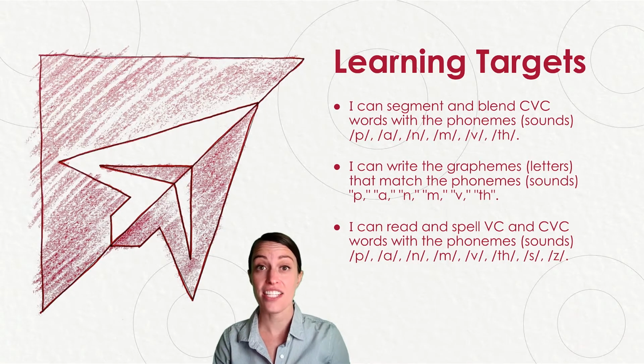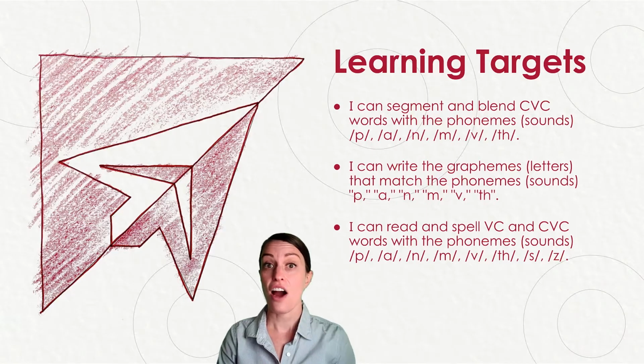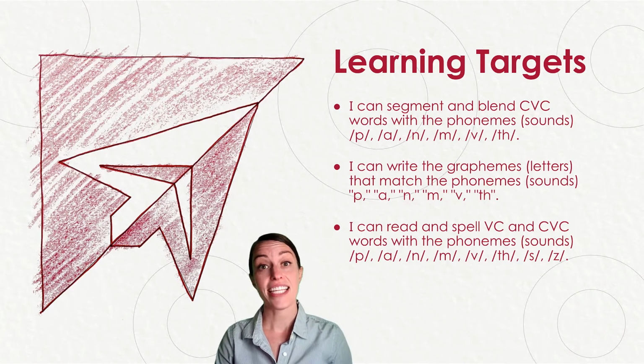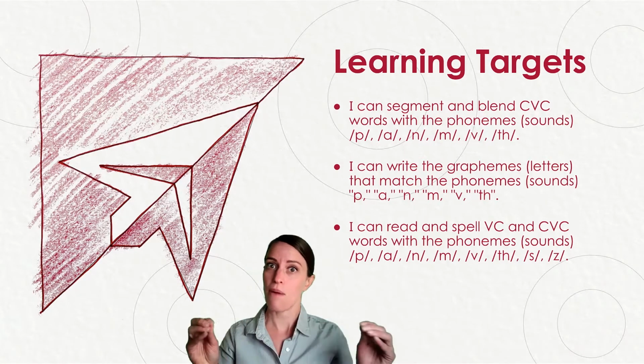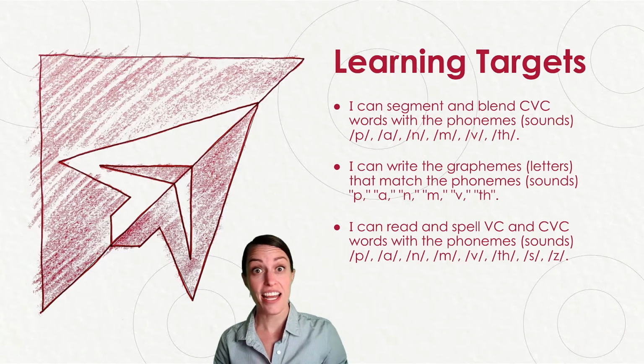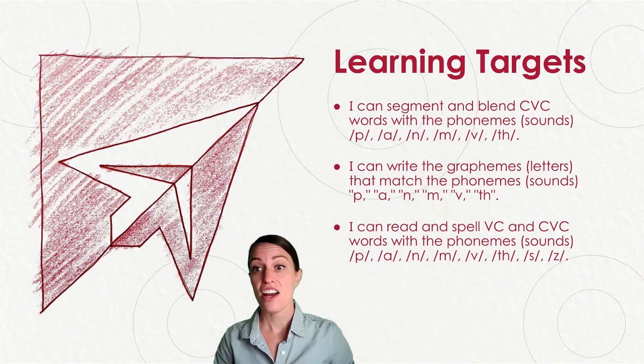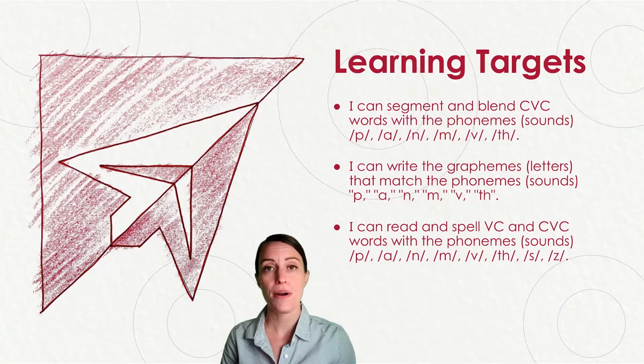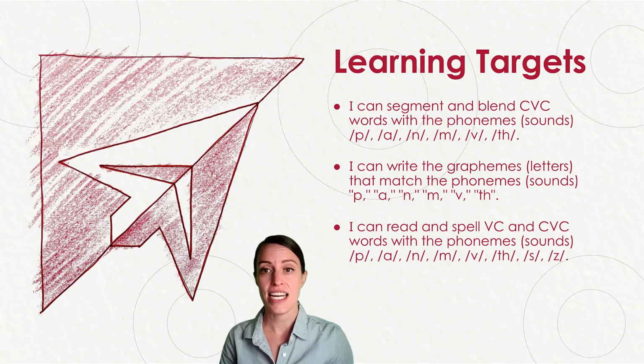We have 3 learning targets today. Our first one is I can segment, take apart, and blend, put together, consonant, vowel, consonant words with the sounds p, a, n, v, and th.